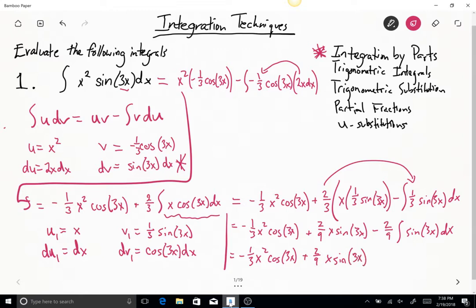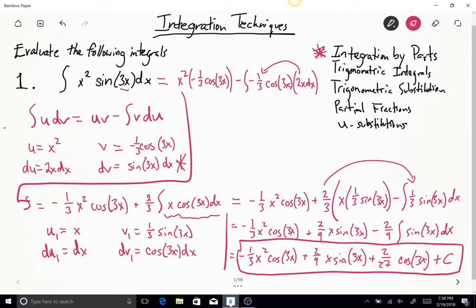And then notice we have negative 1/3 and you have a negative 2/9, so that makes positive 2/27. And then it'd be cosine of 3x, and now the one last thing that we need to remember is just put in that plus C. And we have our final answer right there. So that was integration by parts, and we used it twice.